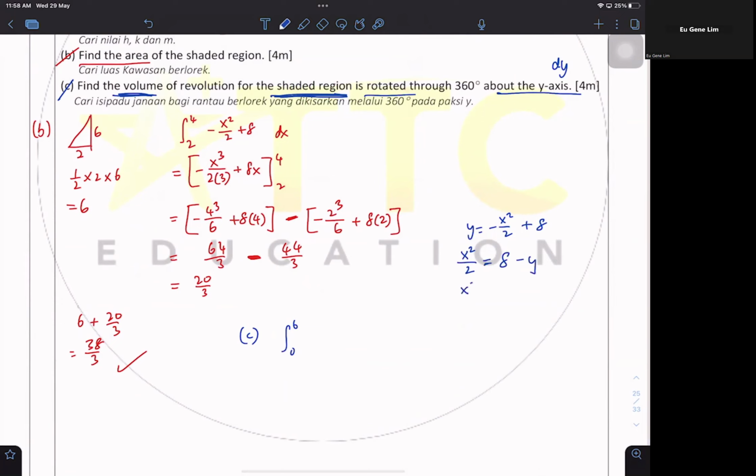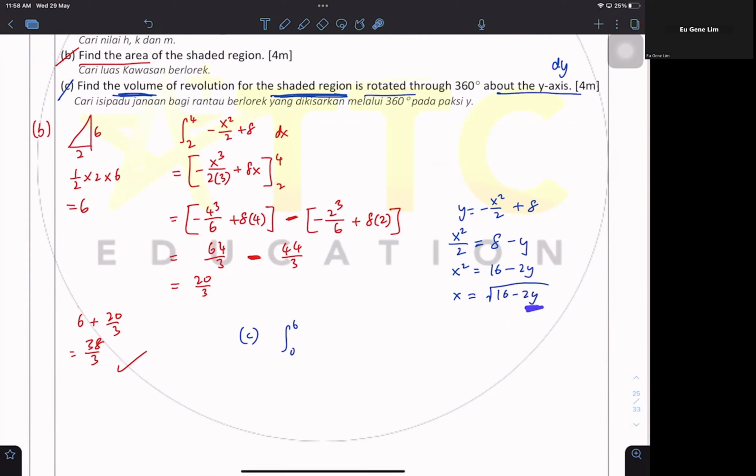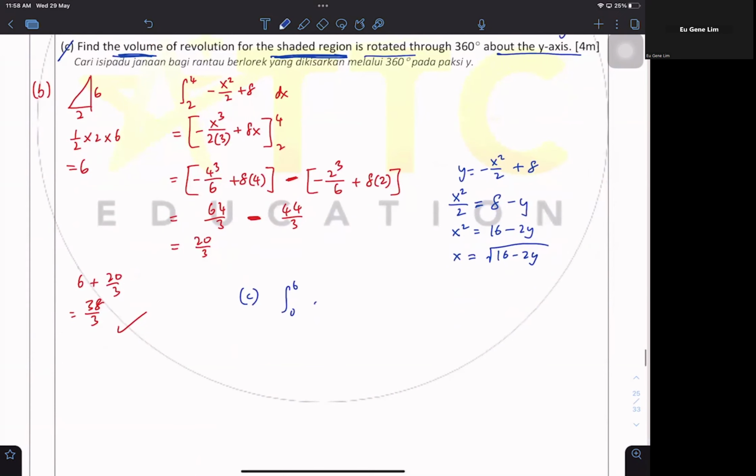Divide 2, bring over times 2. So 16 minus 2y. Then square, bring over square root. Okay, good. So you see, in terms of y, then you should integrate this equation, 16 minus 2y dy.